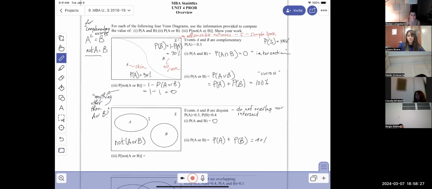So I said A is manicure and B. Okay, so this is going to be manicure. This is hair color.